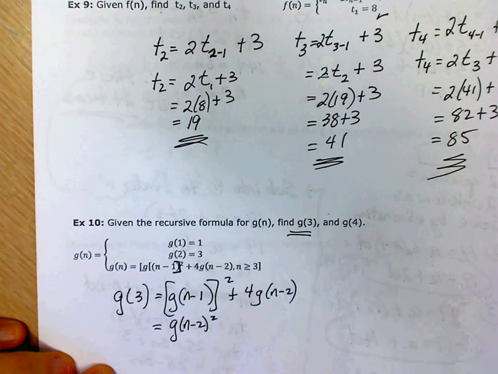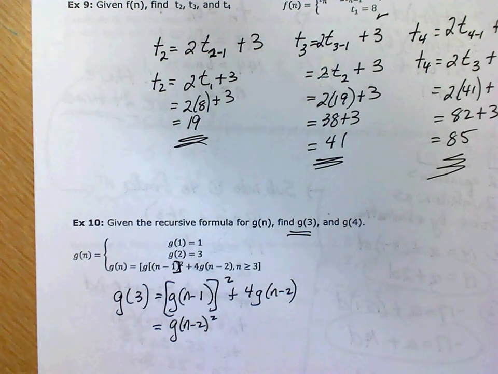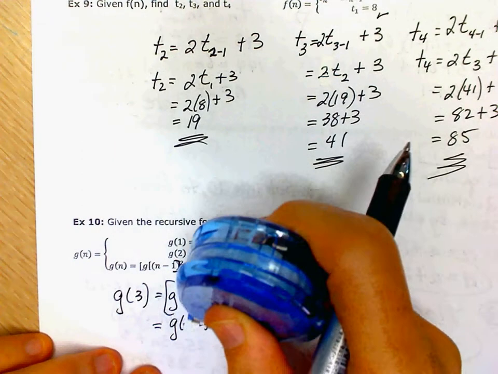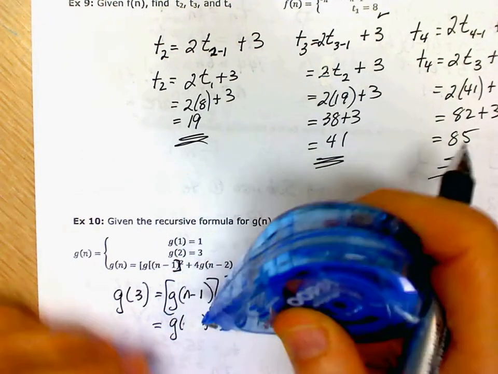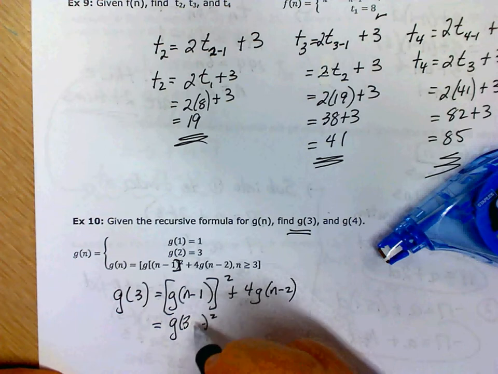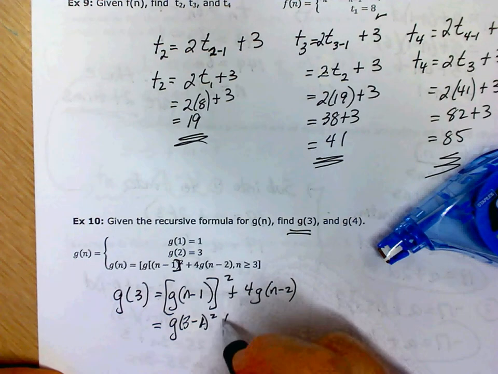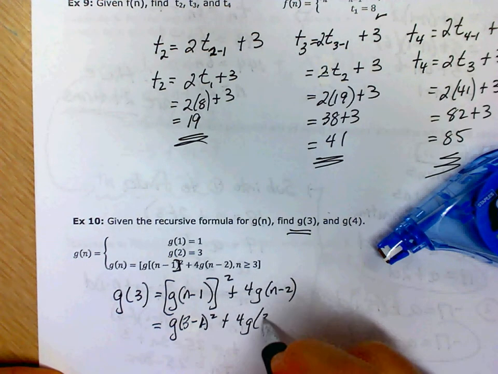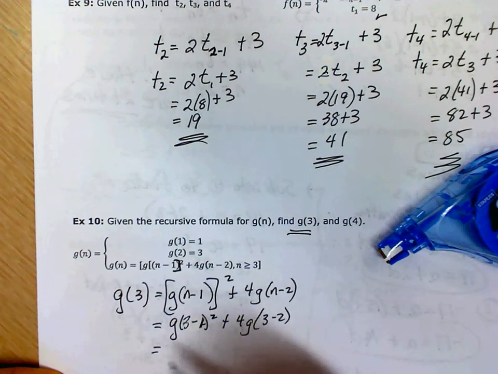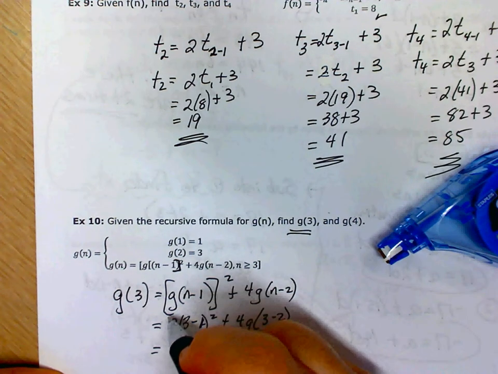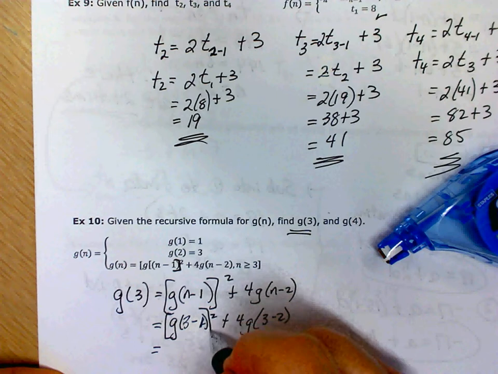Sorry, that's not good. We should be writing 3 minus 1 squared, right? Because n is 3. So we have 3 minus 1 squared plus 4 times g of 3 minus 2. So just write it like that. Don't forget your square brackets.